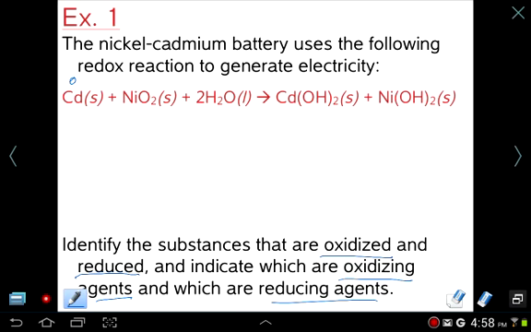Anything in its elemental state is 0. Next, let's take a look at nickel here. Now nickel is teamed up with two oxygens. Recall that we said each oxygen has a -2 charge. So you get two oxygens, each with a -2 charge. Nickel therefore must be, in order to balance them out, a +4. So nickel is +4 here.